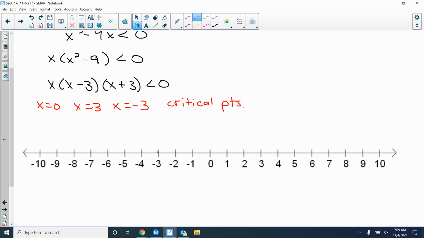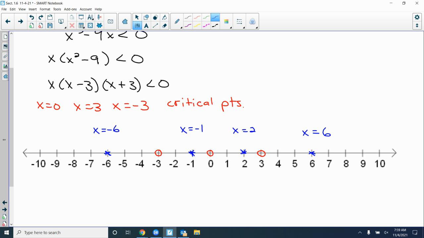Negative 3, actually I'm going to do an open circle because it shouldn't equal that. Then 0 and 3. Now I have to find test points. I'm going to pick negative 6, then negative 1. It doesn't matter whether it's negative 1 or negative 2. I can't pick 0 because it makes it 0. I'm going to pick positive 2, and then positive 6.